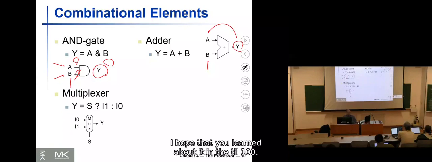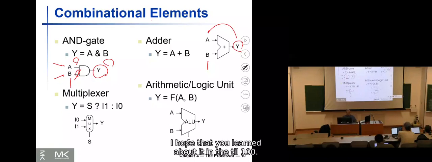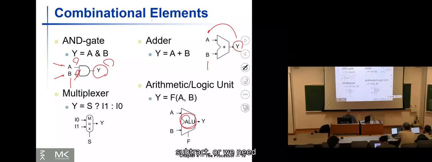I hope that you learned about it in the ITI L100. And also, for example, a more complicated ALU, arithmetic logic unit, can perform addition, AND, subtraction, or exclusive OR. Since this component performs different operations like add, subtract, and OR, we need an input which says what operation should be implemented.